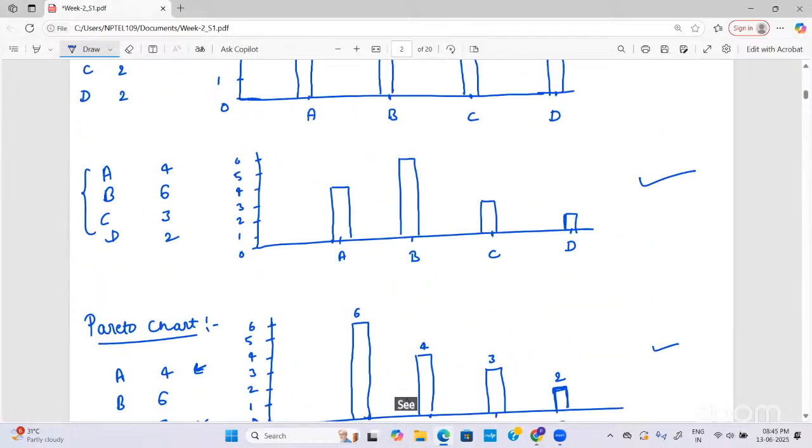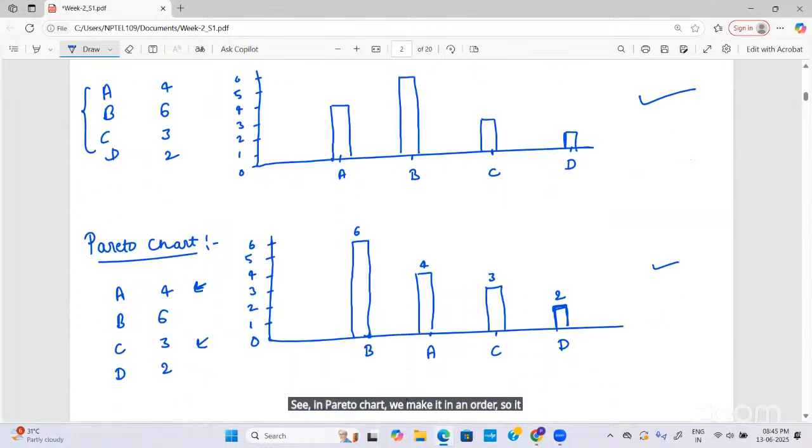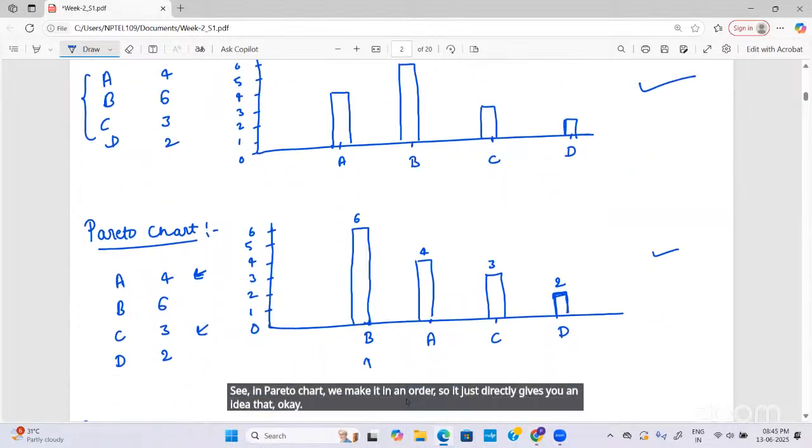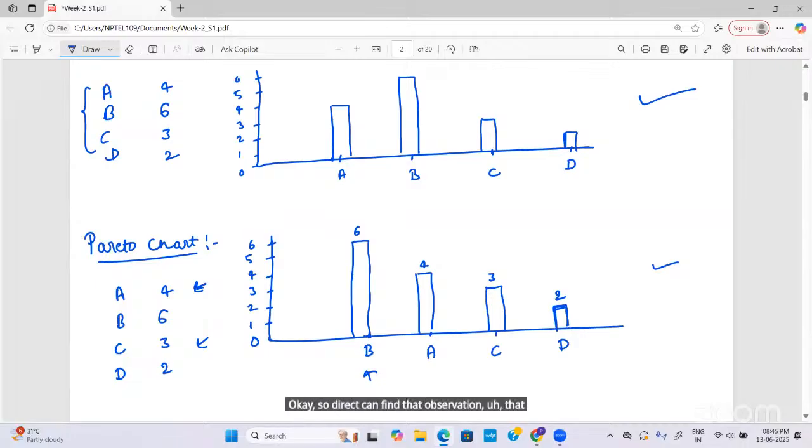See, in a Pareto chart, we make it in an order, so it directly gives you an idea that category B has the most observations.